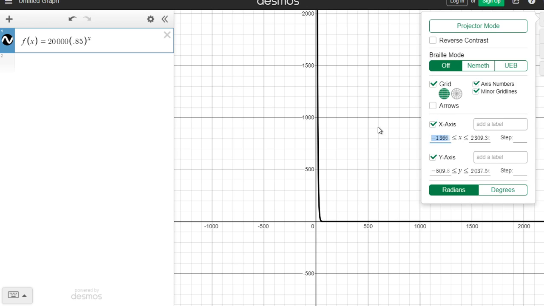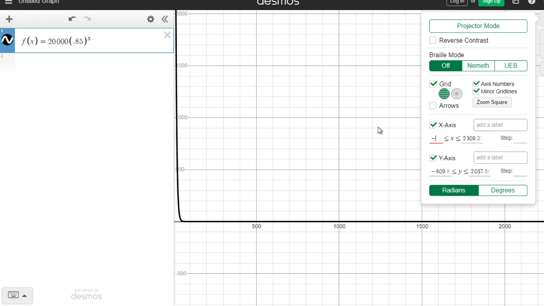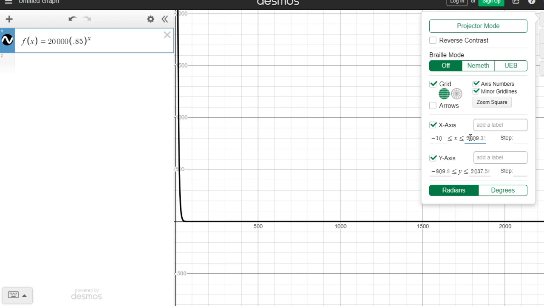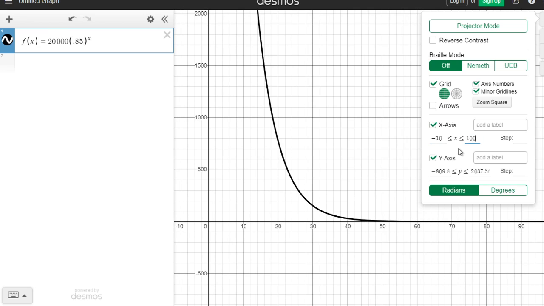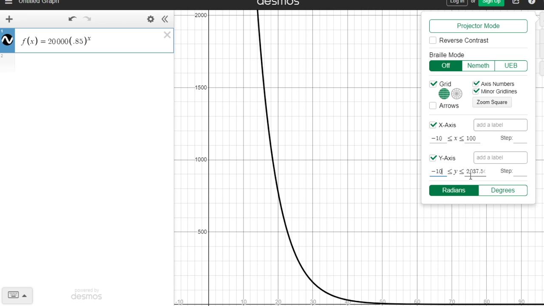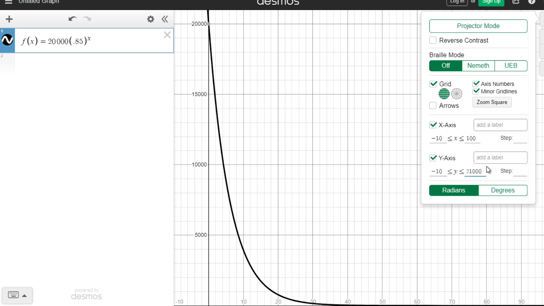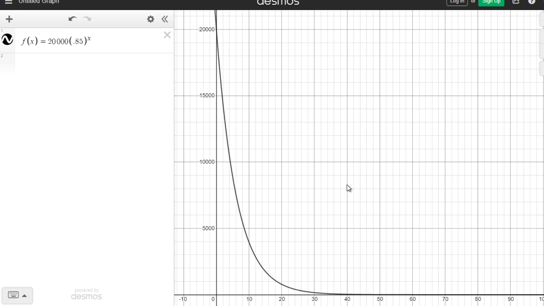Let's go from -10 to like 100. And my y-axis, I'm going to go from -10 to 21,000. There we go. So that's a nicer view, right? You can see the general lifespan of that car, although no one's going to have that car for 100 years.